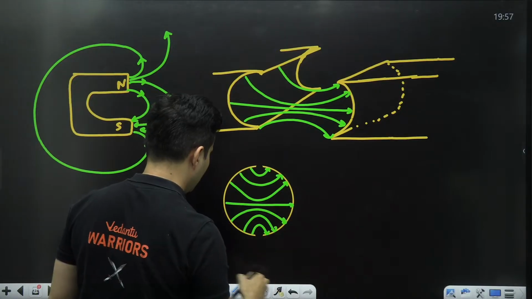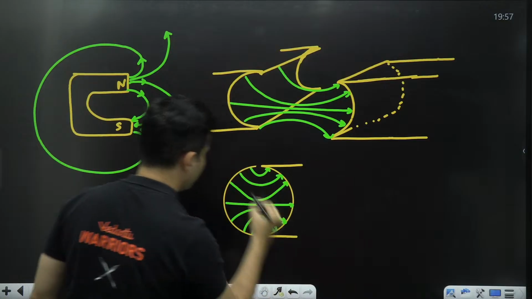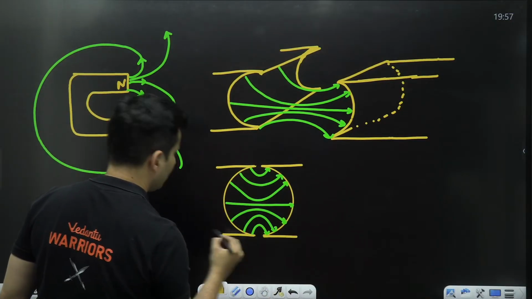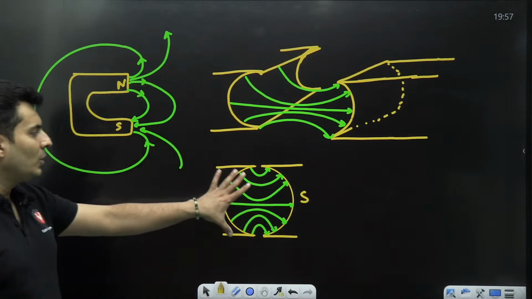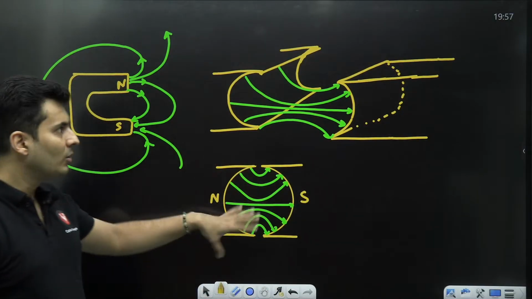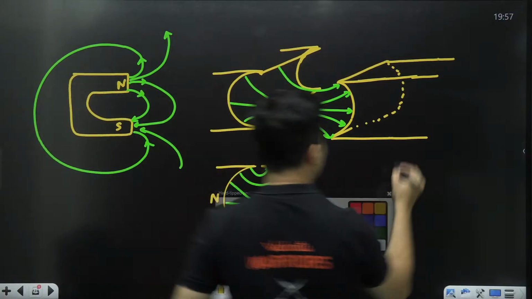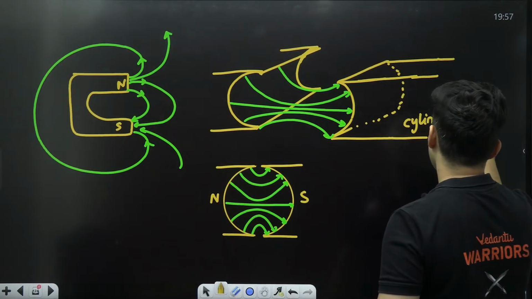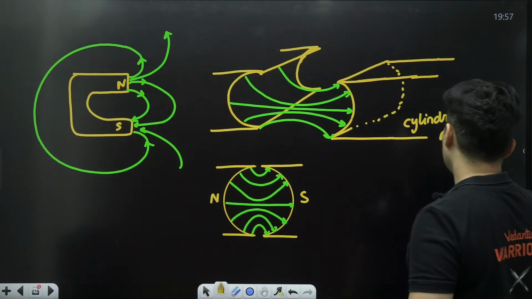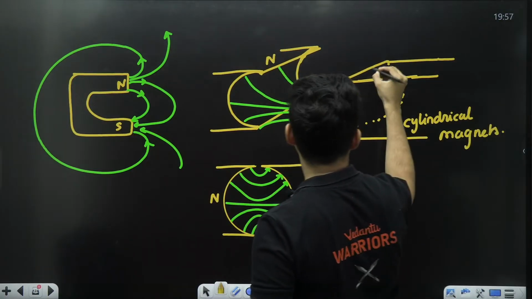This is from the side angle. This is North Pole and this is South Pole. This is how the magnetic field lines will look like for cylindrical magnets. What are these magnets called as? Cylindrical magnets. This was your North Pole. This was your South Pole.